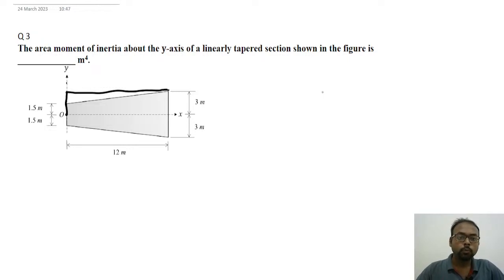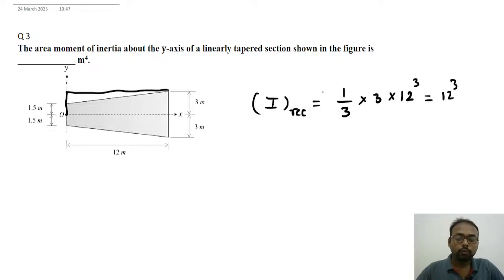So what is the moment of inertia for this rectangular section? It is given by 1 by 3 into this thickness, that is 3, into 12, that is the length, cube. So this is coming out to be 12 cube. Now we will find the moment of inertia of this triangular section.